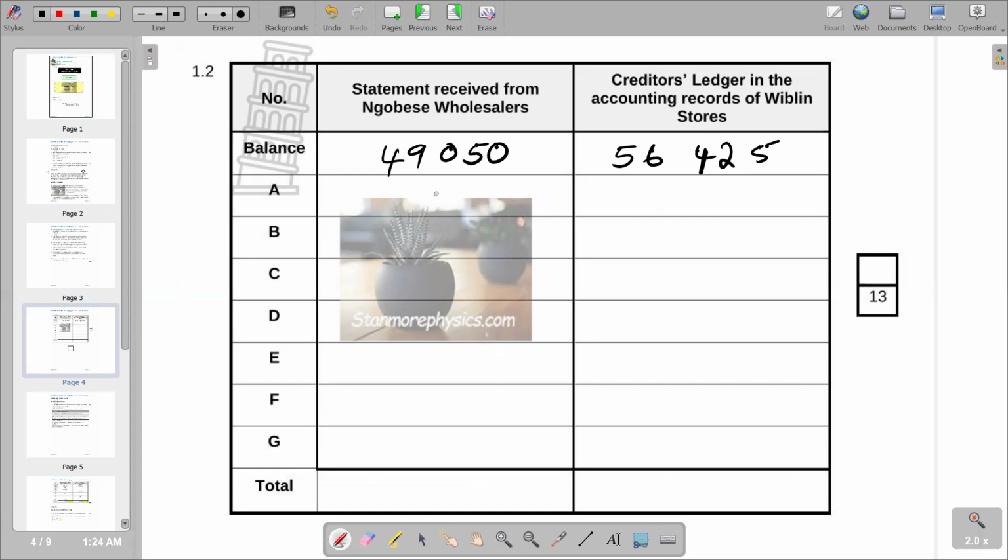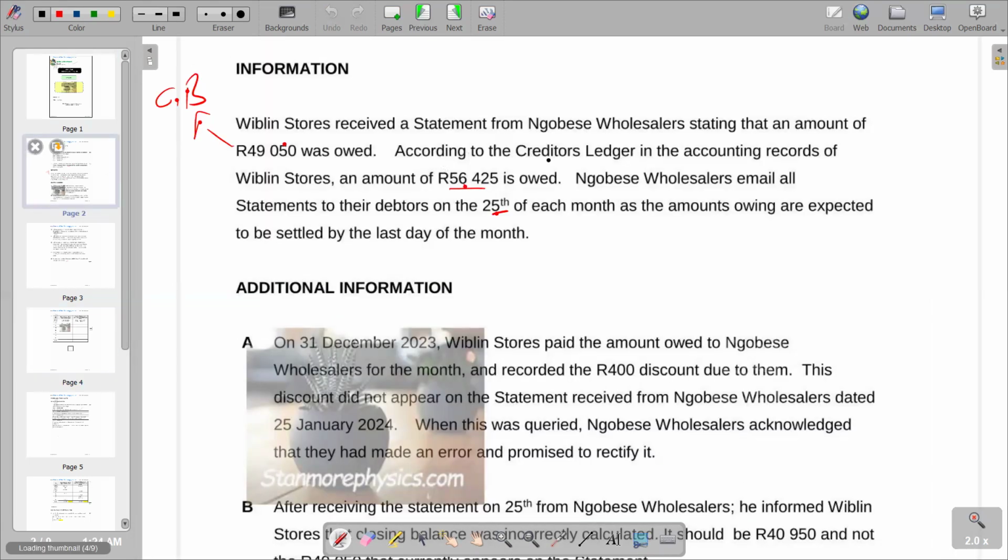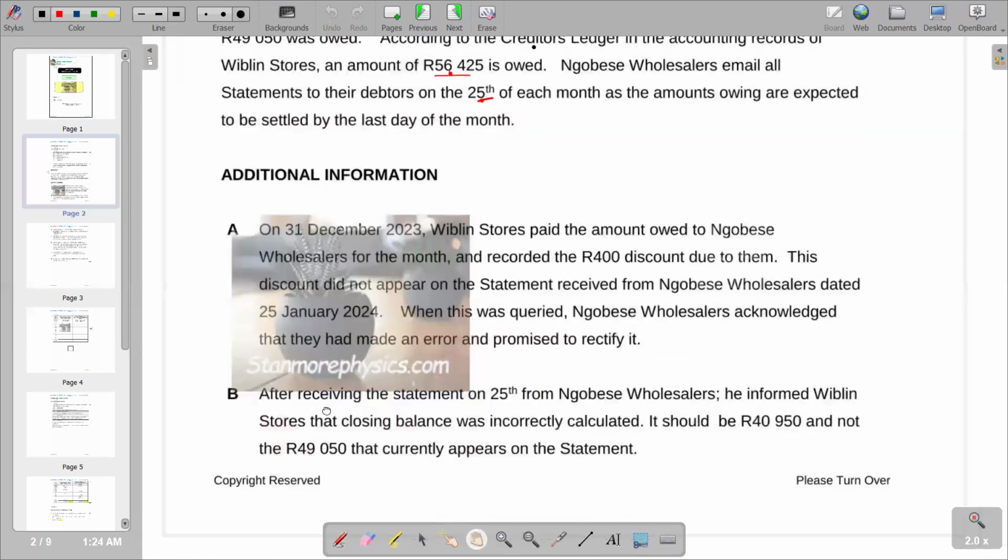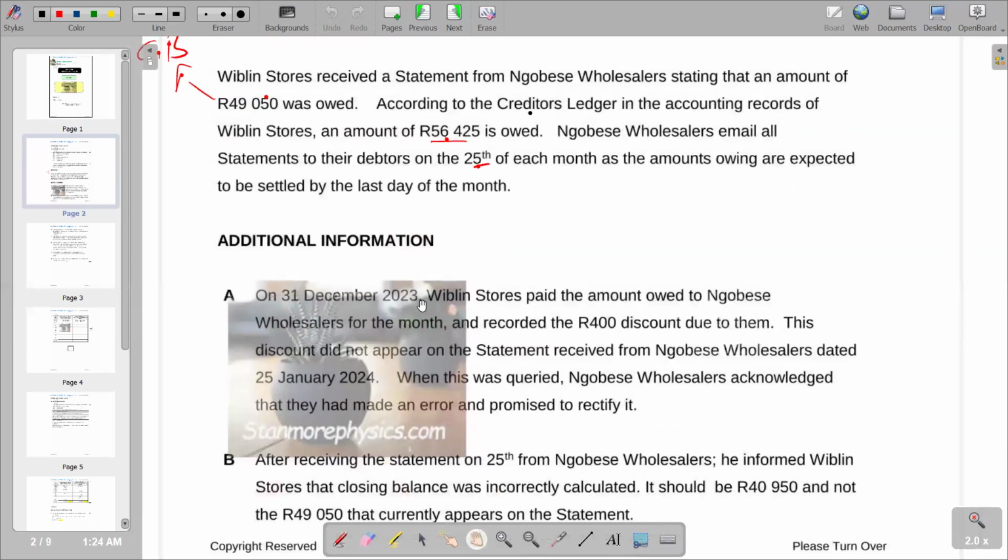Then we go to our transactions, where we have additional information A, which reads: on 31 December 2023, the store paid the amount owed to Gobies or sellers for the month and recorded the 400 rands discount due to them. This discount did not appear on the statement received from Gobies or sellers dated 25 January 2024.